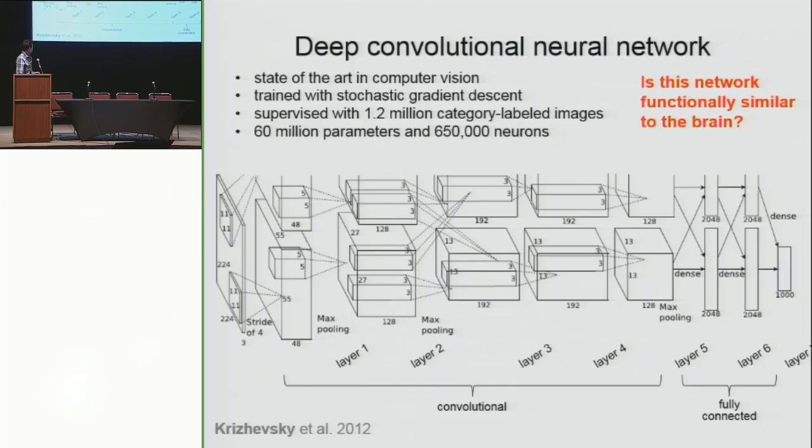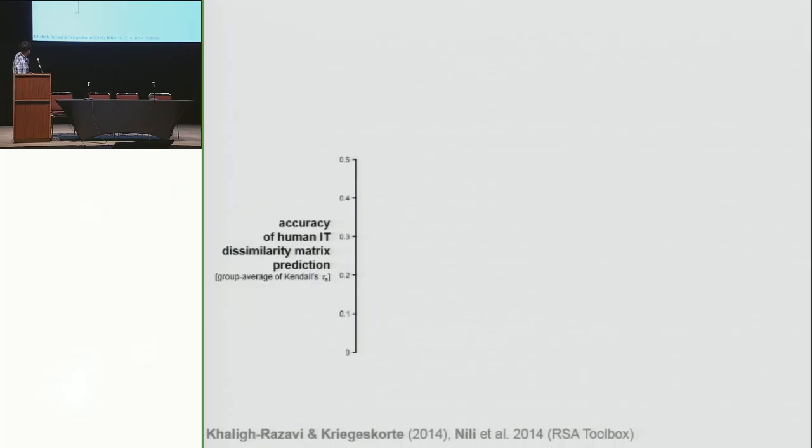So how do we approach this with RSA? What I'm plotting here is the accuracy of the human IT dissimilarity matrix prediction. That's the correlation between the RDM, the representational dissimilarity matrix, predicted by a layer of the model. So we just presented the stimuli to the model and then measured the dissimilarities in each of the representations of the model, and the corresponding RDM for IT.